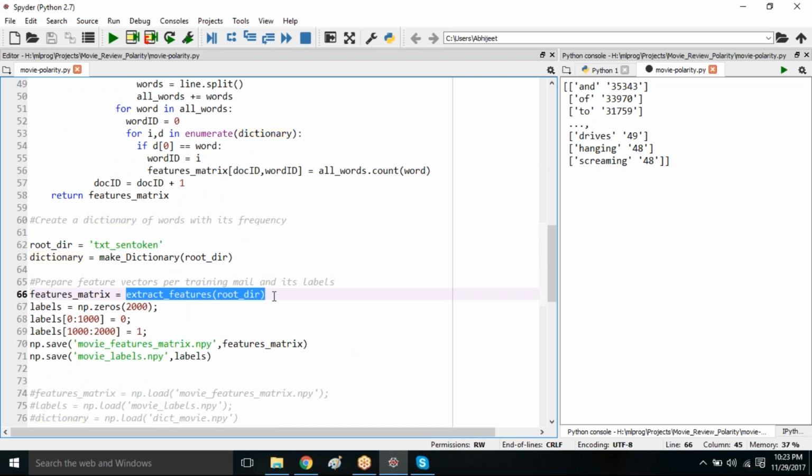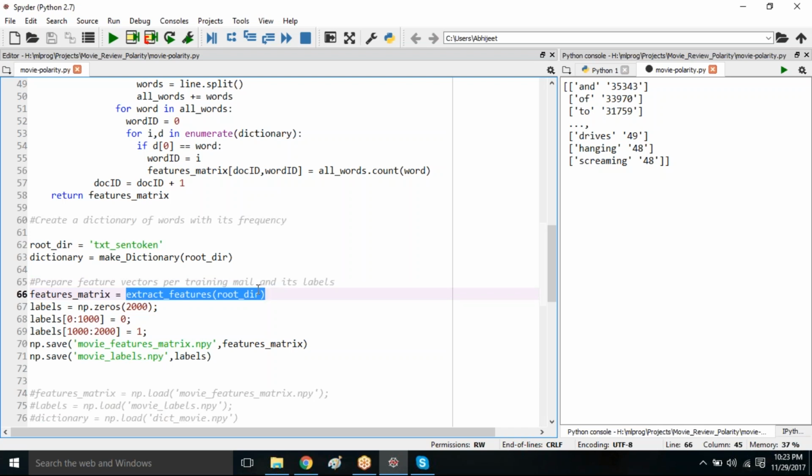So this dictionary was like a background thing, right? All the 2000 data points, the text files have been mixed. But now we will extract features sentiment-wise.